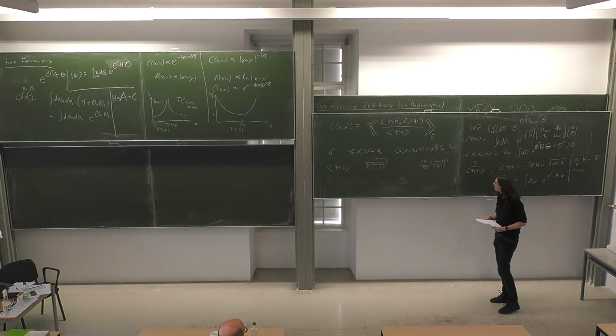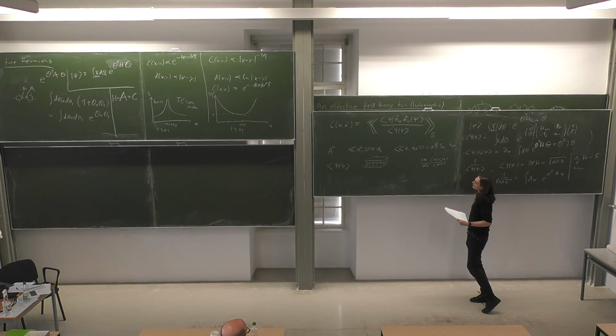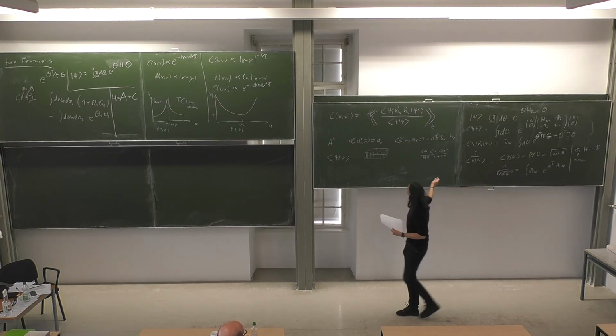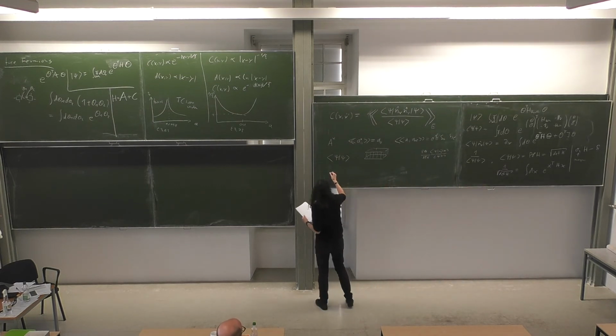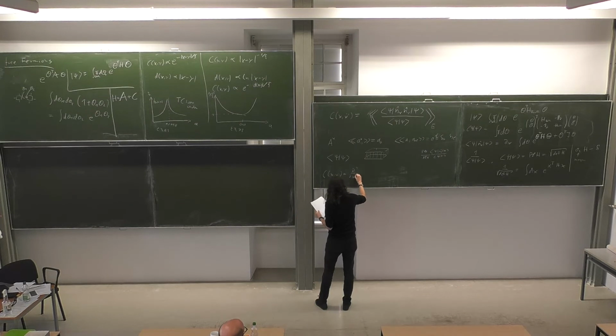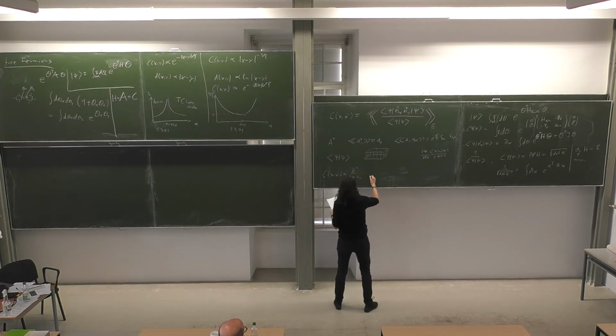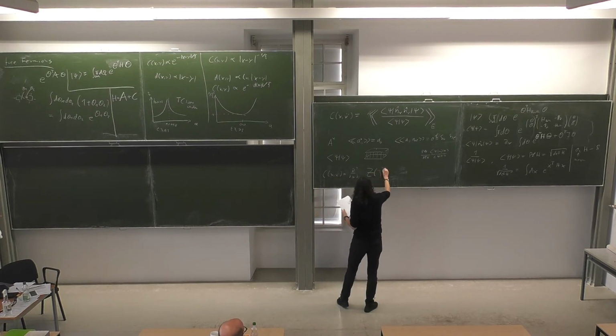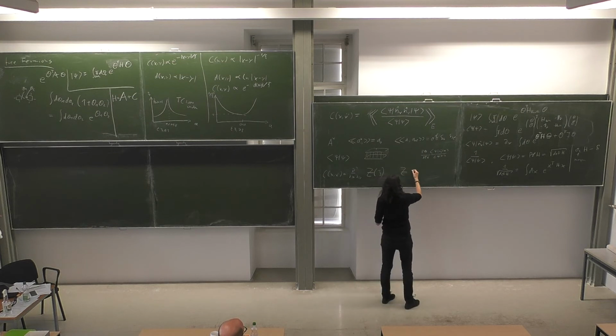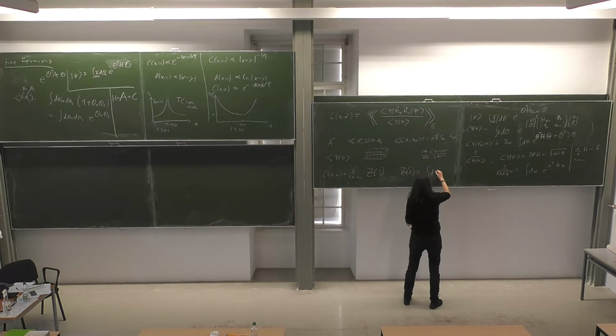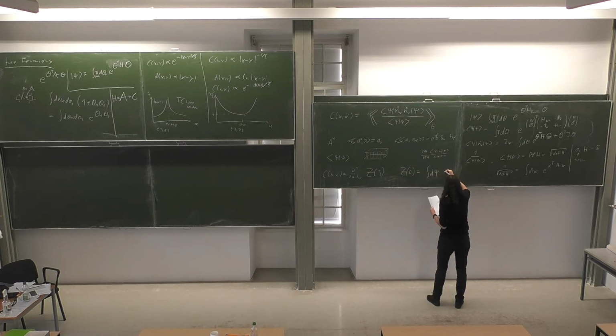Okay, so now with this setup, we are ready to finally express our correlation functions in terms of a free field partition function, which is composed of bosonic and fermionic variables.